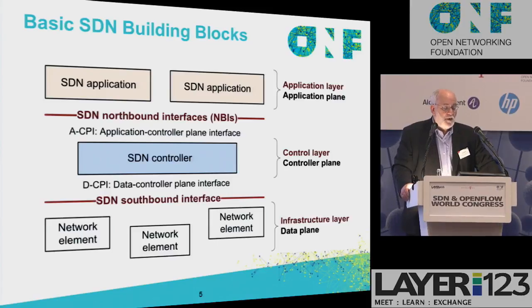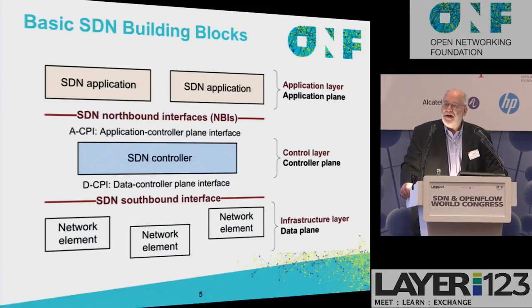Starting from the top, we have the northbound interface, which is also known as the application to controller plane interface. It's the interface between the applications at the very top and the SDN controller in the middle, which controls the network. Then you have the southbound interface, which is between the controller and the network elements. That's also known as the data plane to controller plane interface.